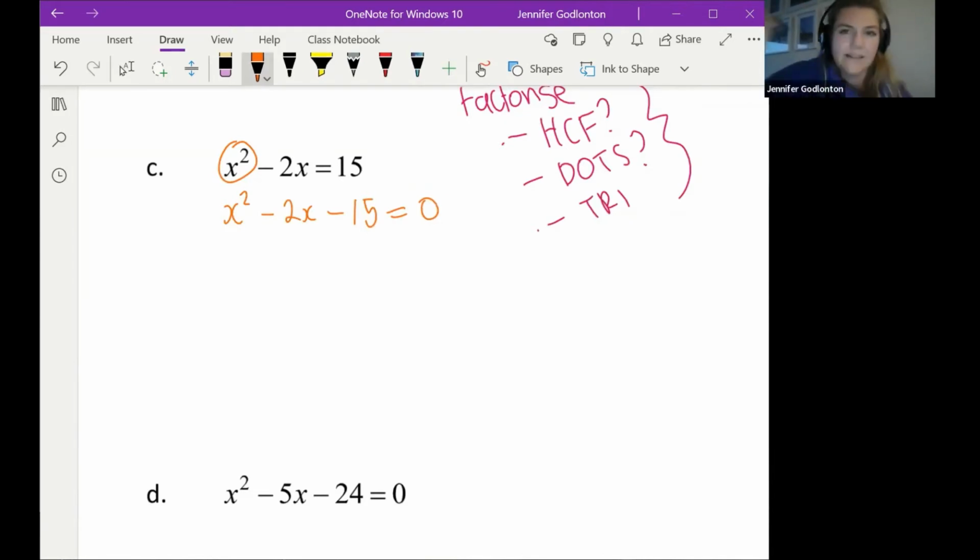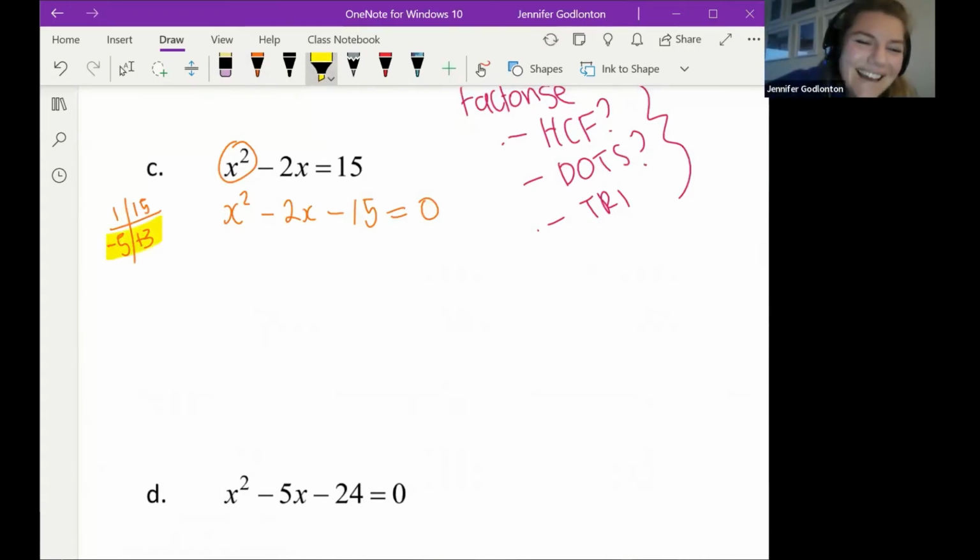Great, great. Now we know that it must be a trinomial. Beautiful. The pairs of 15, which is 1 and 15 and 5 and 3. And then 5 minus 3 equals, oh wait, it's negative 5 plus 3 equals. Yes, you didn't fall for the trap. Well done.